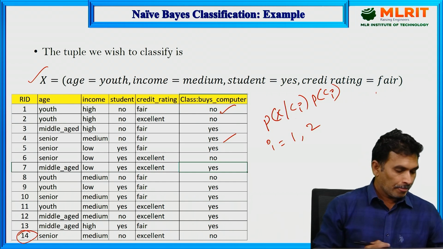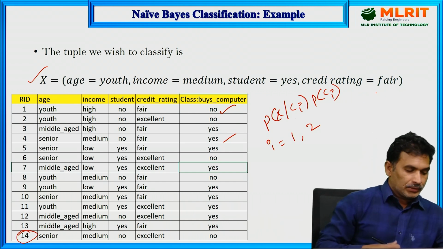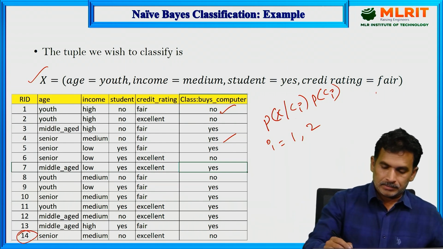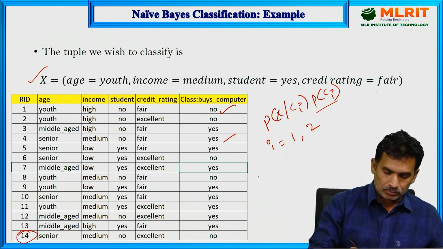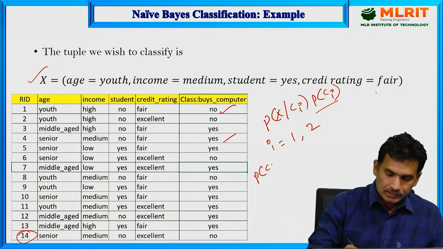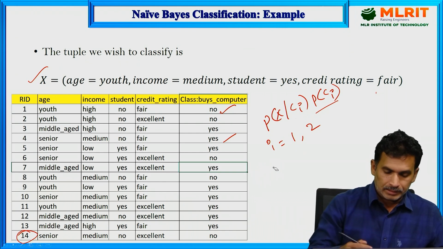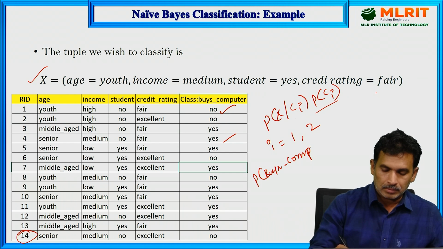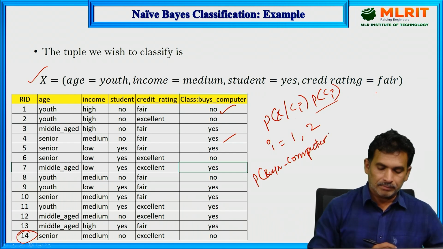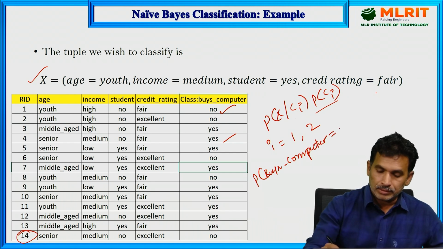Then the prior probability of each class, probability of Ci, can be computed. Probability of Ci where i is yes, that is, probability of buys computer equal to yes.